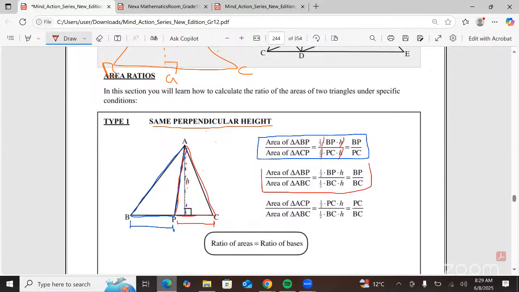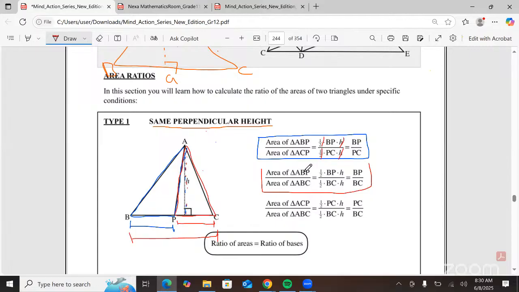The same applies with this one. The area of triangle ABP all over the area of triangle ABC. ABP, where is ABP? It's still this one. ABP, and then over ABC. Then the base of triangle ABC will be this one, BC. And then we substitute the base.